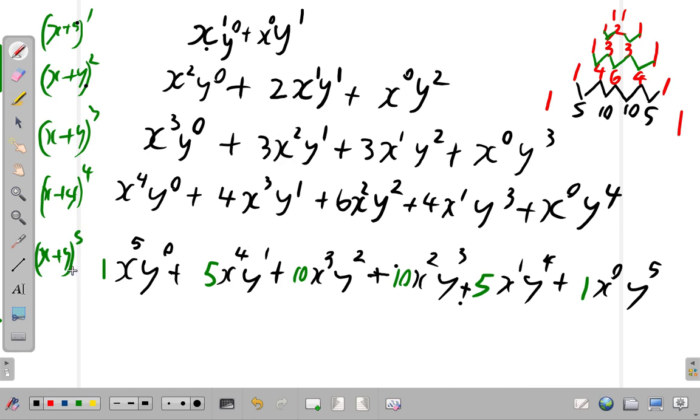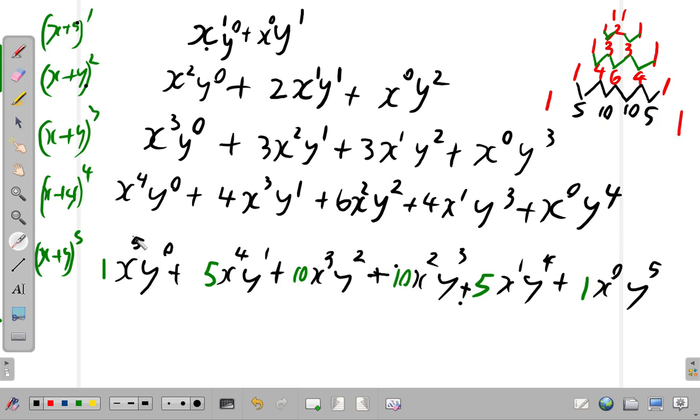And we went up to expanding x plus y to the power of 5. So the numbers that multiply the x and y were, as you see them here, 1, and you have a 5, 10, then the next 10 is this, and the 5, then the 1.